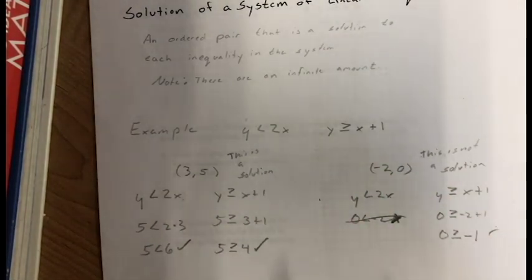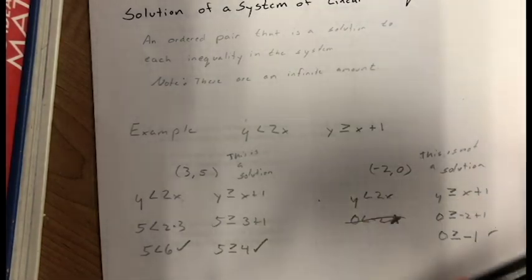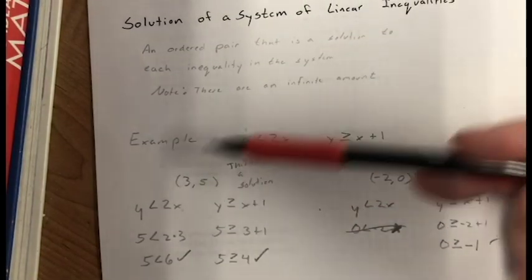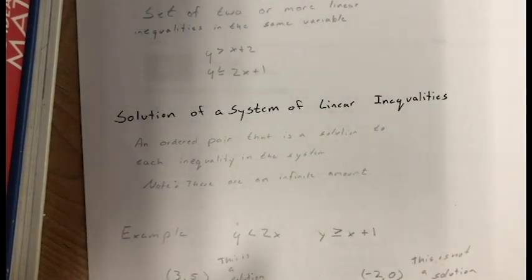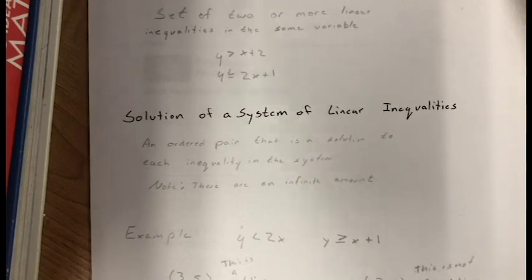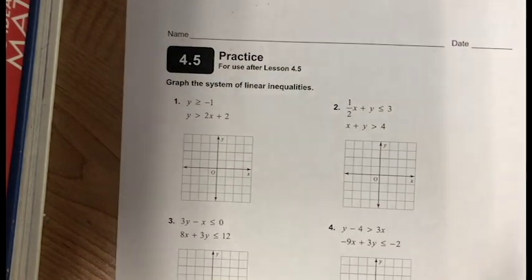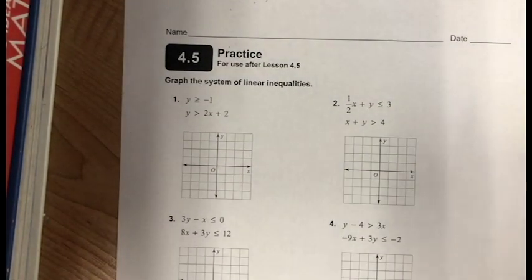And just like I said before, though you have an infinite amount of possible ordered pairs that are solutions, you also have an infinite amount that are not solutions. All right, so let's go ahead and start putting this in. The reason why I'm showing you this is because it helps us to graph this, and that's what we're going to do. You are going to graph a system of linear inequalities.